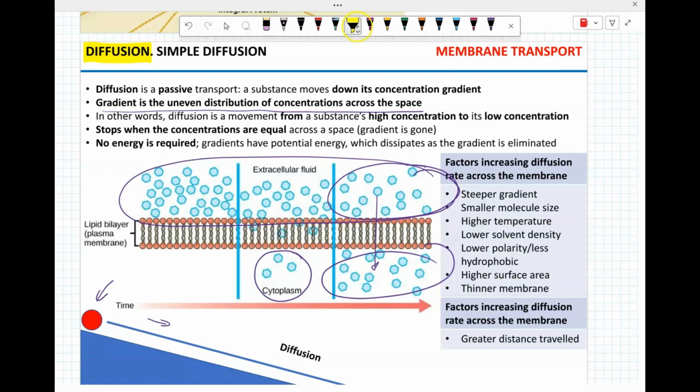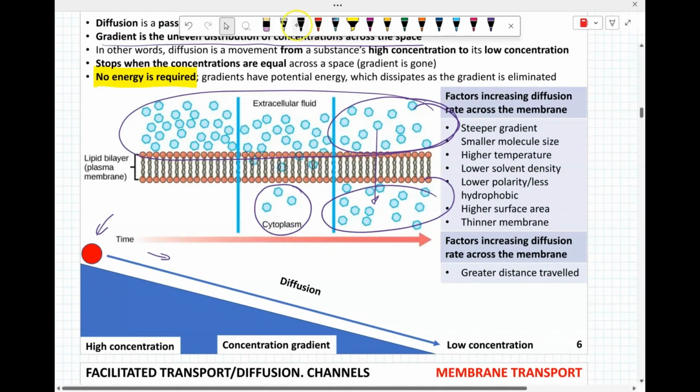The term passive refers to the fact that no energy is required for diffusion, since the chemical moves from its high concentration to its low concentration, kind of like a bowling ball can move down the slope.